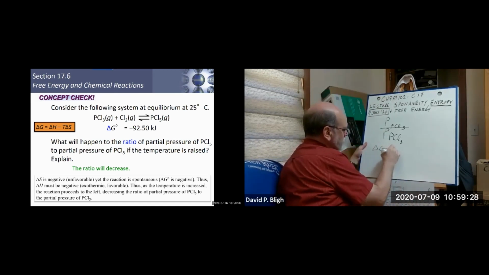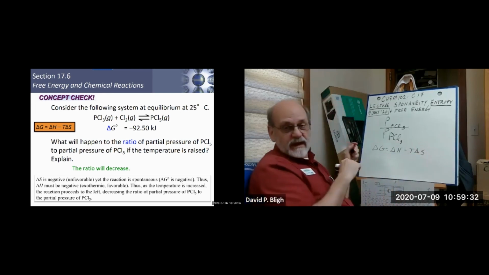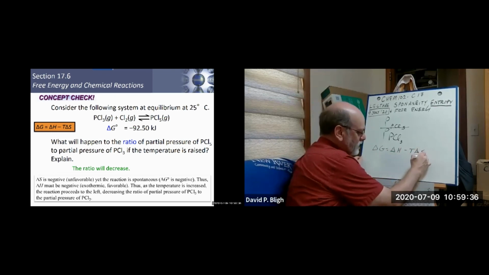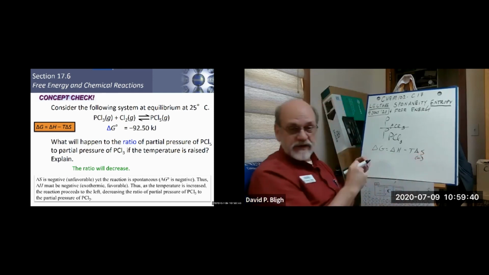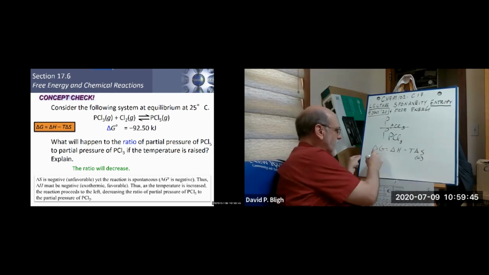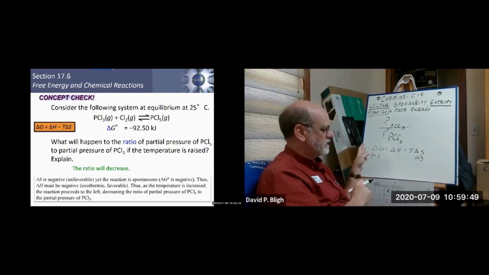Delta G equals delta H minus T delta S. If this value is actually negative, we're saying, because it's unfavorable, and this one is negative, which means it's spontaneous, then what can we say about this one?